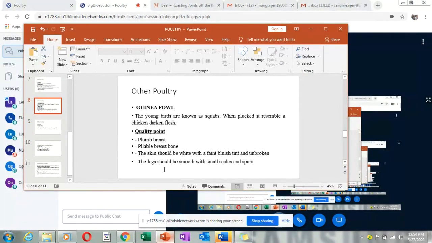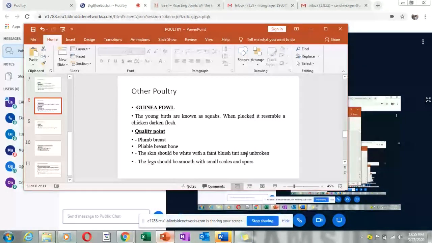Pliable tumesema ni ile mfupa ukifinya unasikia ni kama inataka kuvunjika. So that is pliable. Then the skin should be white with a faint bluish tint and unbroken.